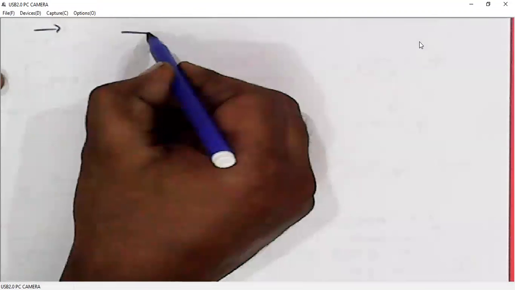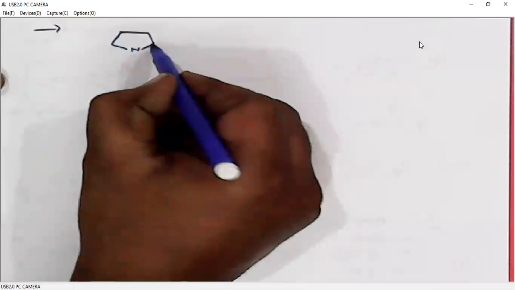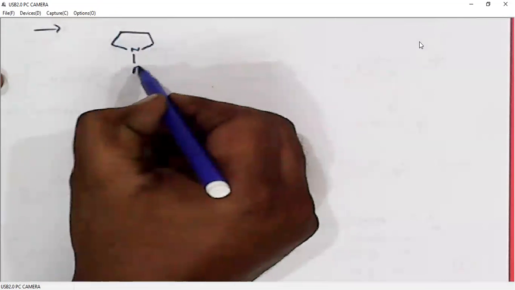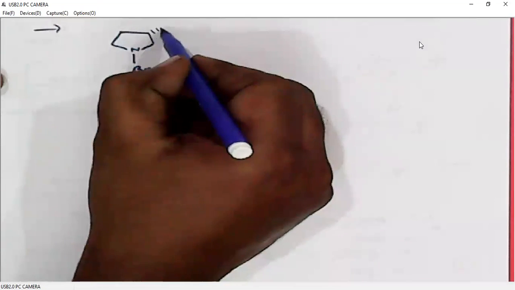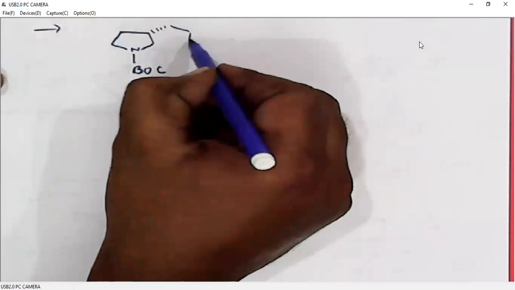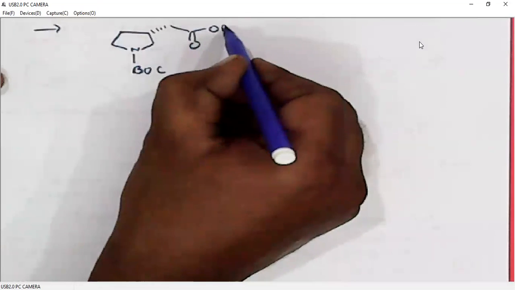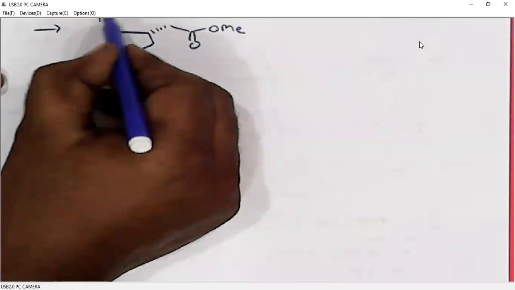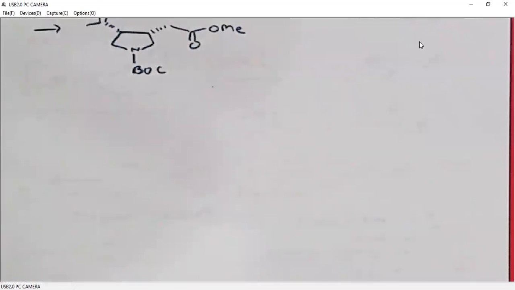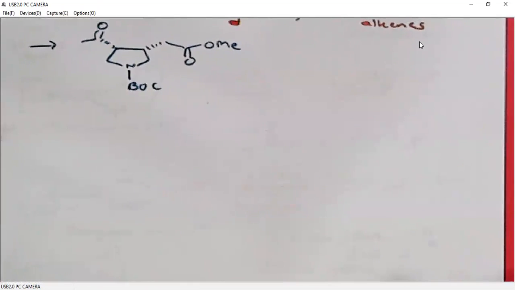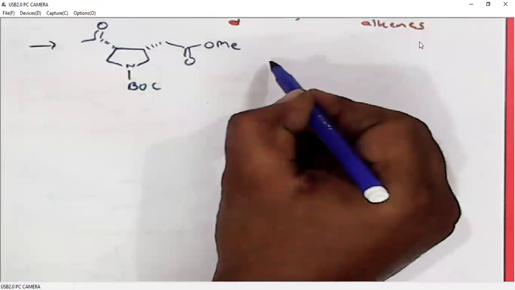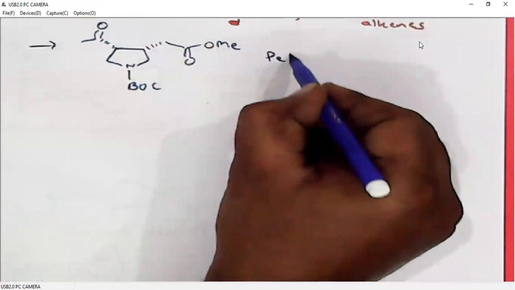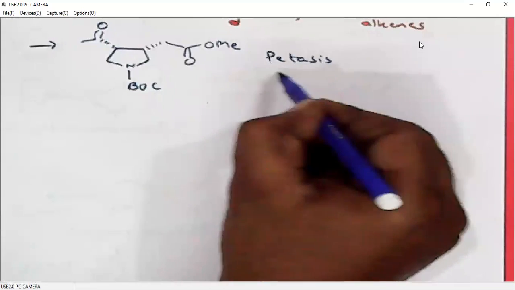When we use excess reagent, all the carbonyls will be converted to alkene. But if we want to differentiate two different carbonyls, we need to use only one equivalent.